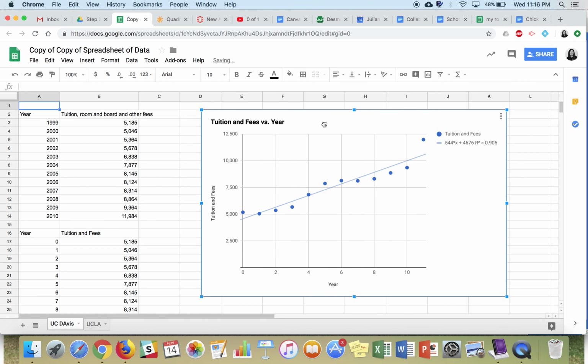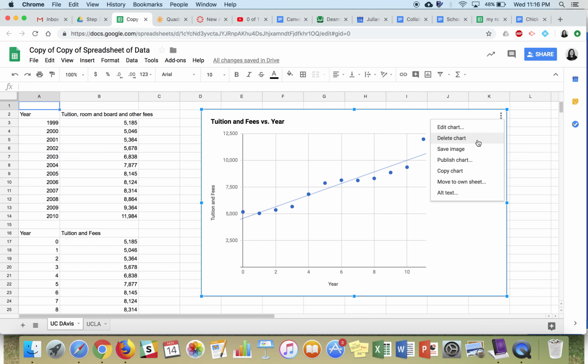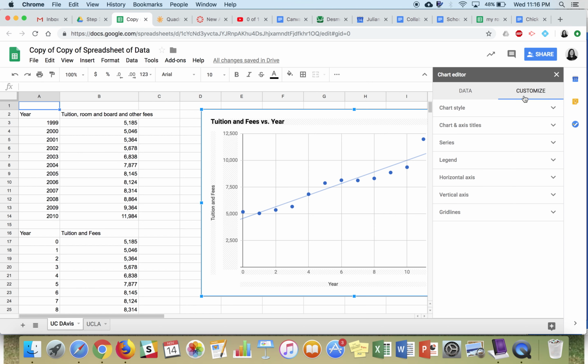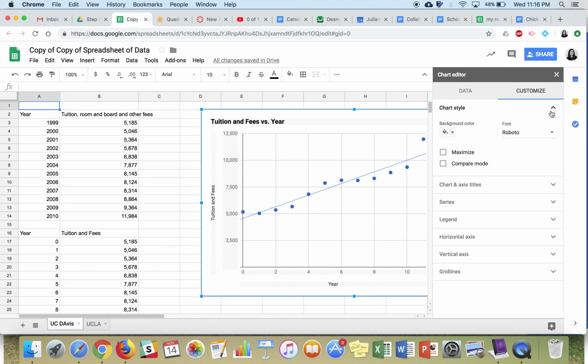All right. So notice here I actually have a trend line, and I'm going to click edit and show you how we got that. So we're going to go to customize.